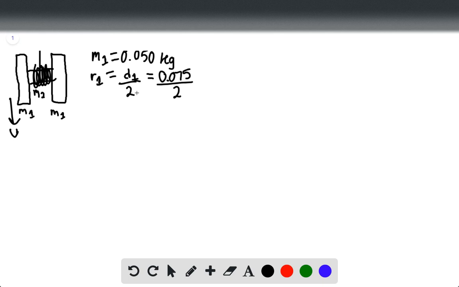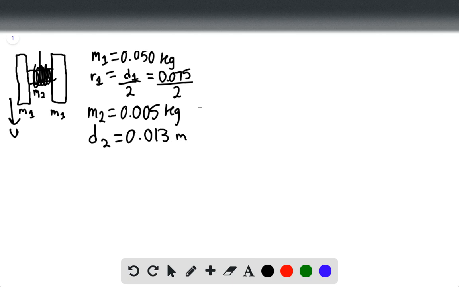We can keep it as d sub 1 over 2 because we can simply substitute this into our formulas. And we know that mass sub 2 equals 0.005 kilograms, so 1 order of magnitude less, and d sub 2 equals 0.013 meters.